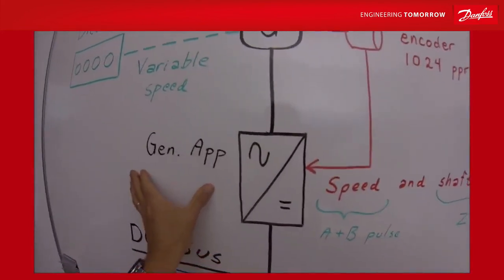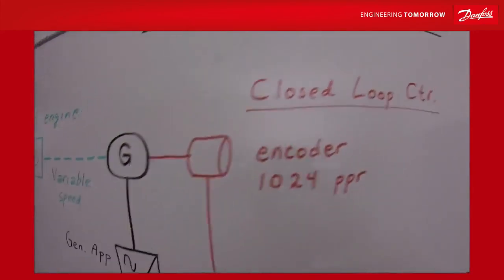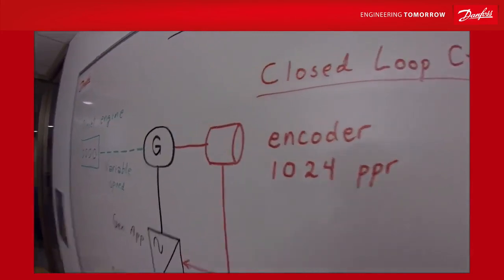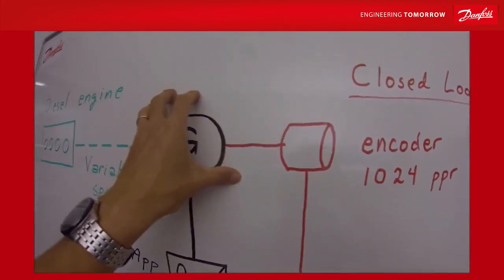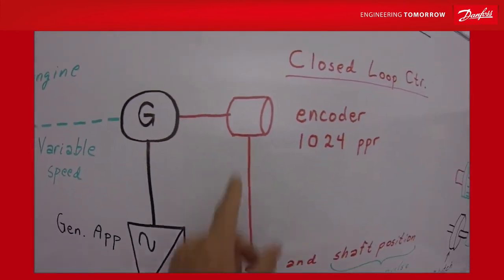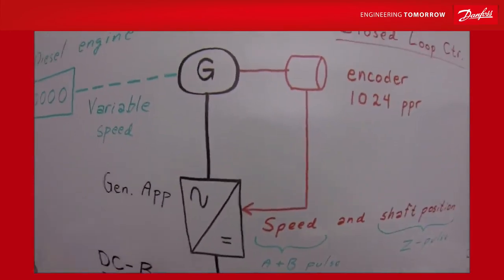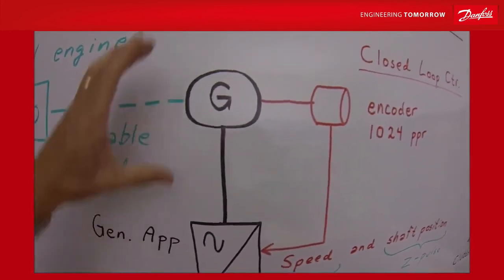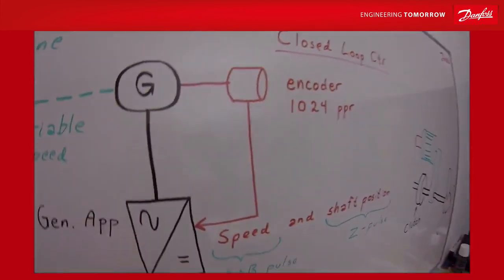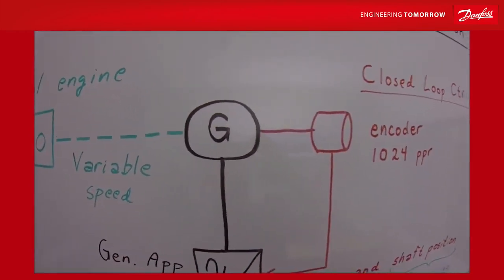The generator application is based on closed loop motor control. This means that the motor or the generator needs to be fitted with an encoder. This is a speed feedback to the drive. This is to ensure the most precise torque control, and also many of these machines are synchronous machines like permanent magnet motors.